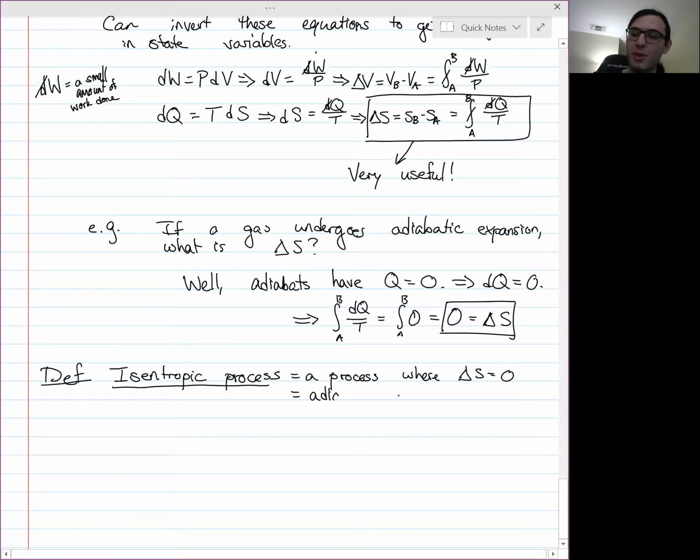So you may have thought, okay, we have isochoric, isobaric, isothermal. Why didn't we have an iso-something for adiabatic processes? The only reason is because the thing it holds constant we hadn't learned about yet. The thing it holds constant is entropy. So now, instead of calling adiabatic processes adiabatic, we can call them isentropic.